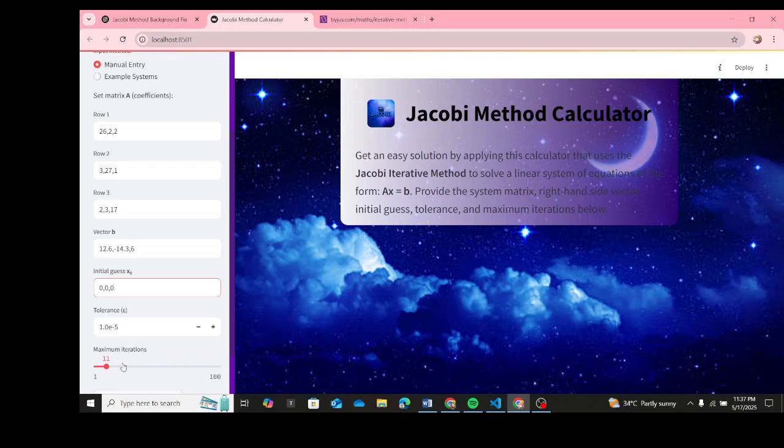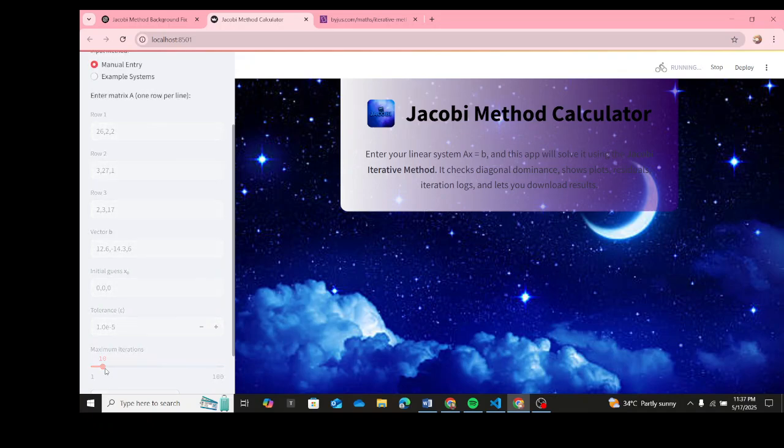A while ago we reached the solution only in the 5th iteration, so we must adjust the maximum iteration to 5. I'm sorry, I just tried to edit because it just disappeared.